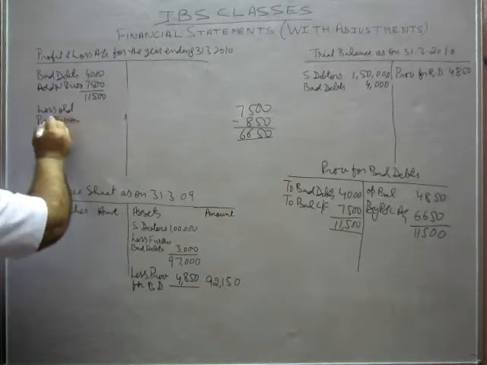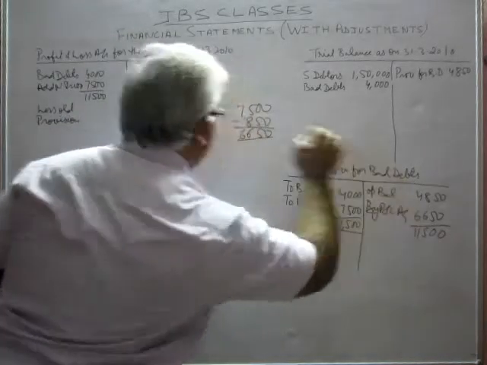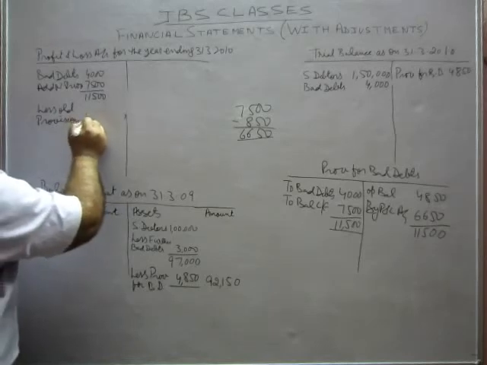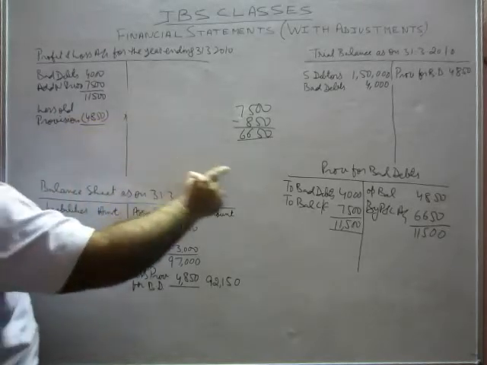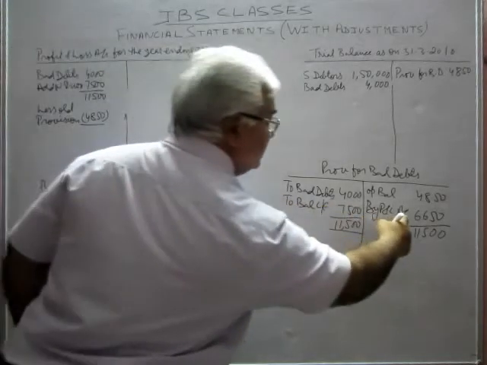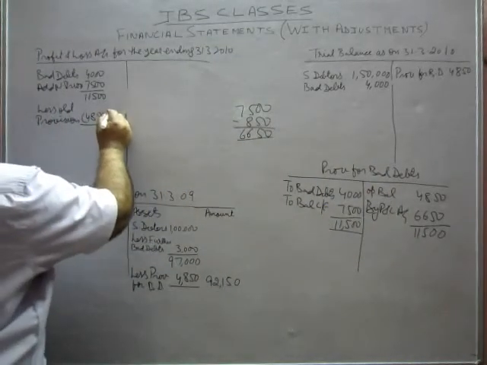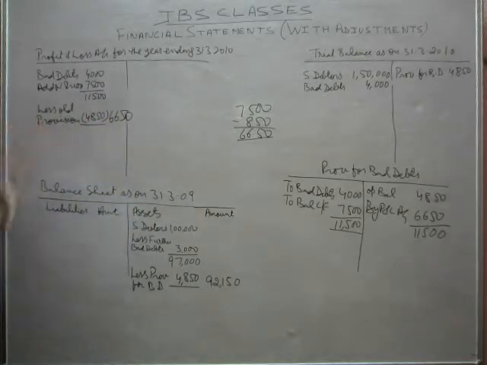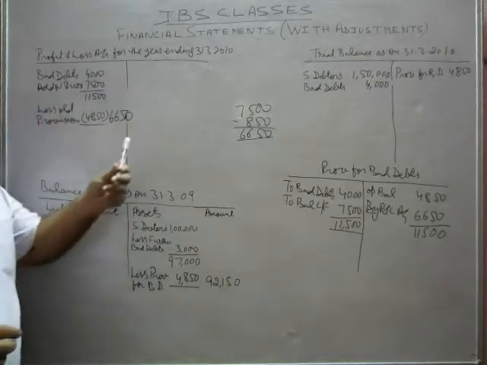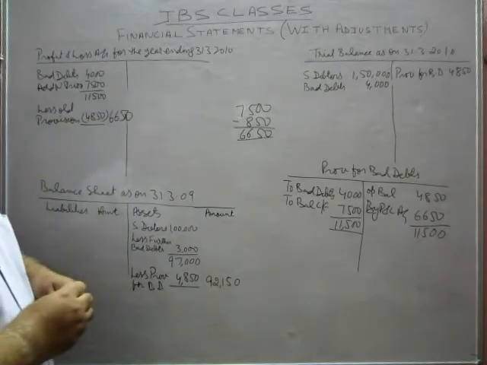How much is our old provision? 4,850. And the net figure we will show in the outer column will be 6,650. This is the way we present our provision for bad debts.